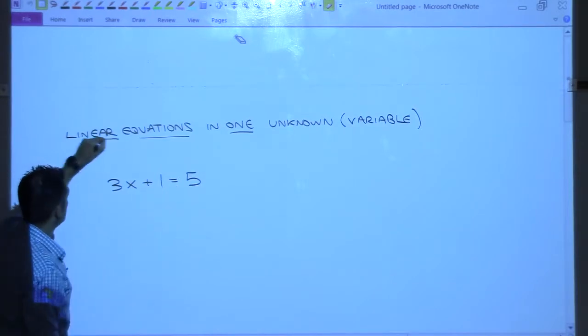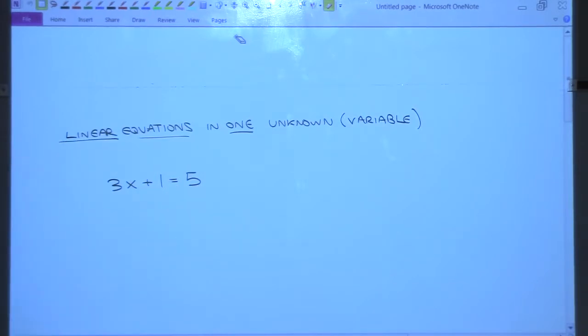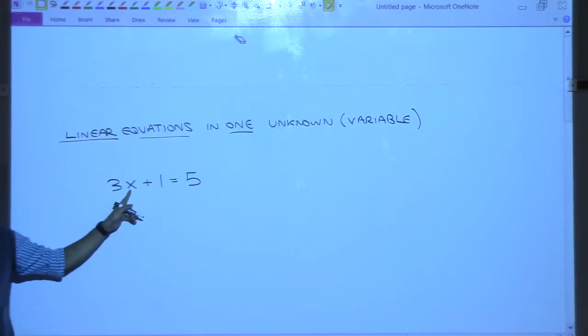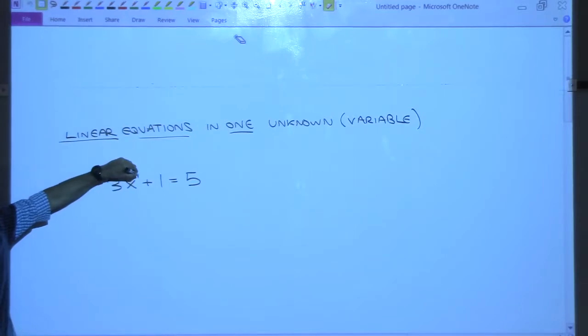Now, what about the word linear? Where does that come into play here? Does anyone know why this is a linear equation? Okay, what about the x? Yeah, so this x is not squared or cubed or square rooted or anything. It's just x, so we can imagine it being to the first power.